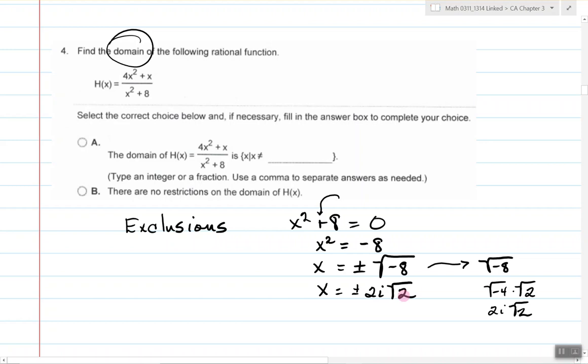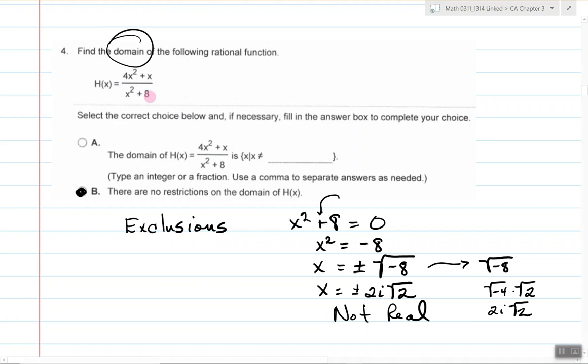These cannot be domain exclusions, and you don't have to go this far because these are not real. There are not any real numbers that must be excluded. So there are no exclusions. When you have an x squared plus a constant, you're going to have no domain exclusions.